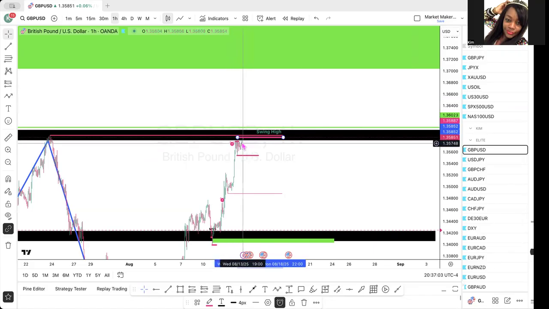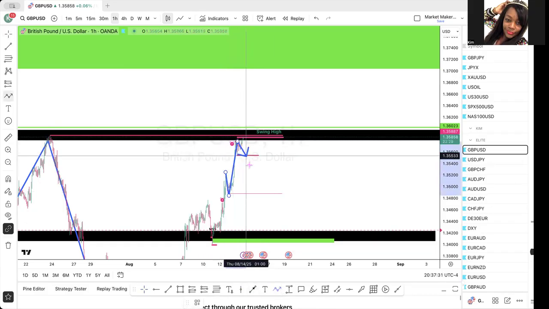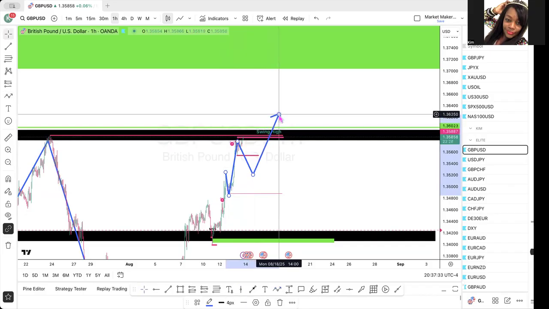It's either going to close above or it's going to sweep and show me something else different. Maybe it'll give a double top or something. But for me, this double top means that price could just pull back into this structure and then keep going.